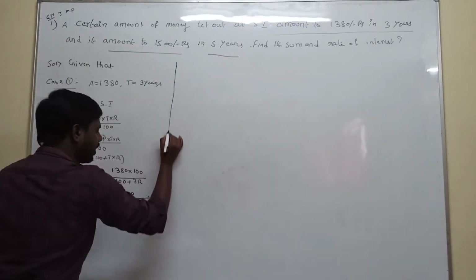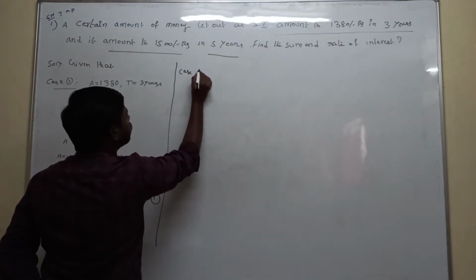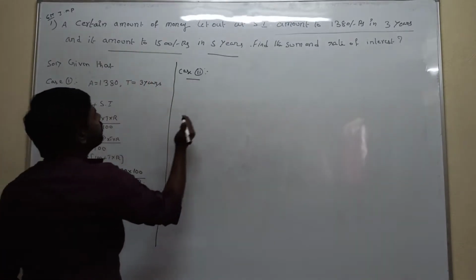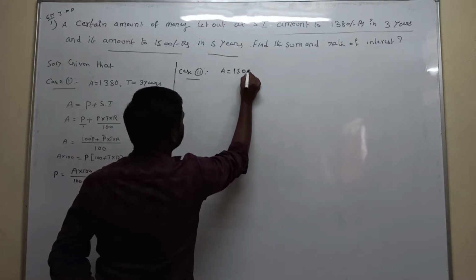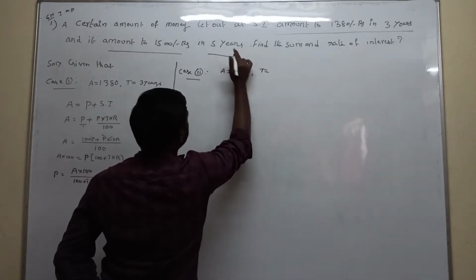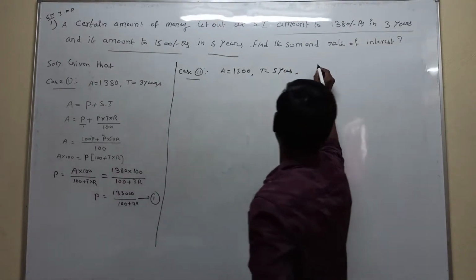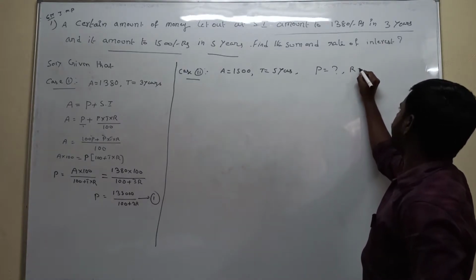Next one, case 2. In case 2, what amount is given? 1500 is given. Capital A is equal to 1500 and time T is equal to 5 years. We need to calculate the principal amount and the rate of interest.